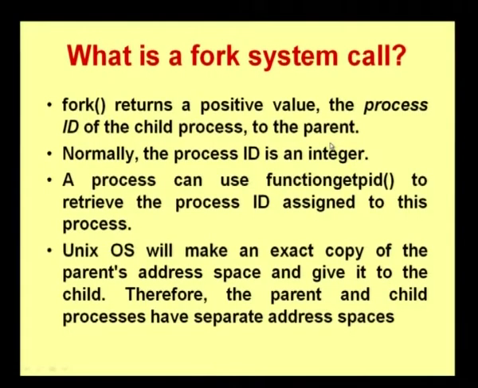If it gives a positive value, then a child has been created that inherits the properties of the parent. In the Unix operating system, it is common that the child process is allocated a separate address space in memory from the parent, but that is not so common in other operating systems. So these are the three types of values the fork could give.